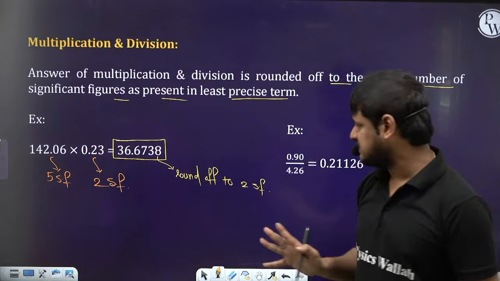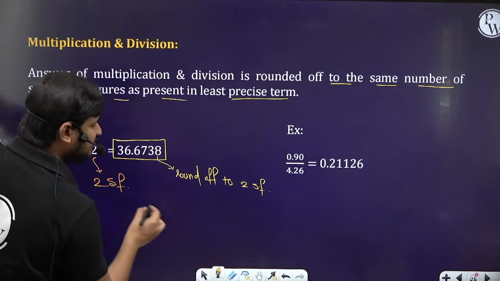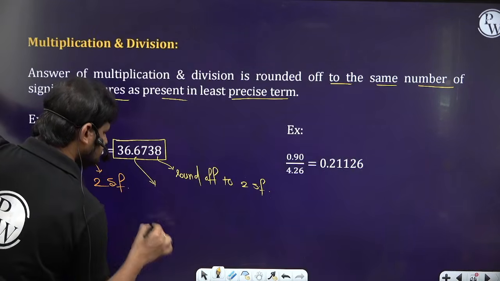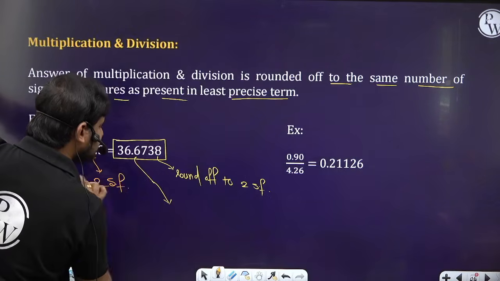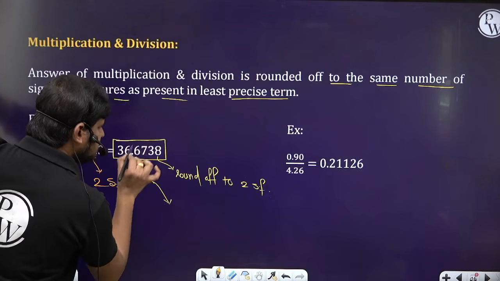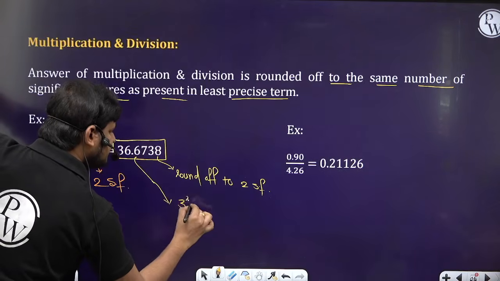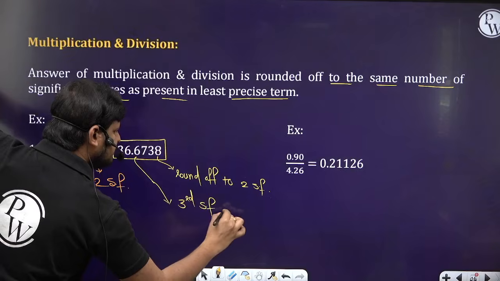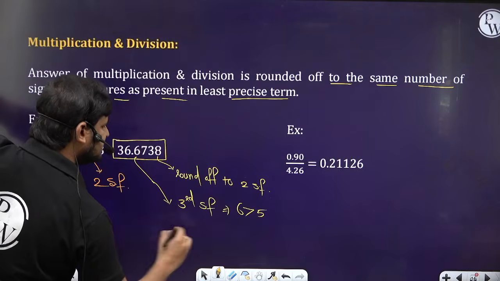Understand the difference? So now we have to round off to two significant figures, so we can write this as 36.6. Check the third significant digit. The third significant digit is 6, which is greater than 5. So then increase the second one.